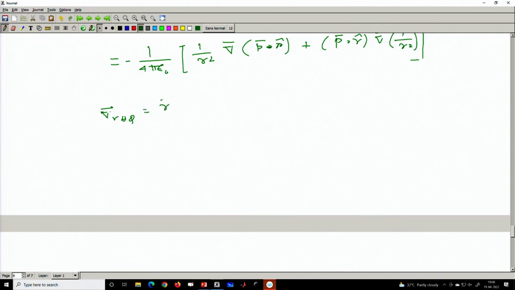it is R unit vector del del R, then theta unit vector 1 by R del del theta, and then phi unit vector. I believe you remember the scaling factors.